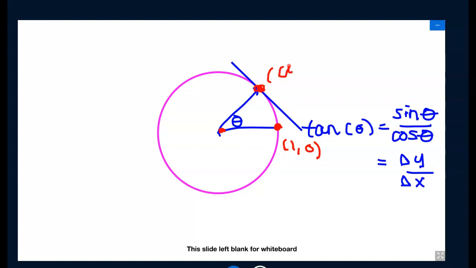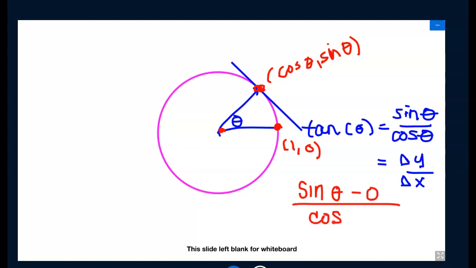We just know that it is cosine theta, sine theta. So what is slope? Change in y over change in x. So it was the sine of theta minus 0 over the cosine of theta minus 1. And that, my dears, is how you got tangent.